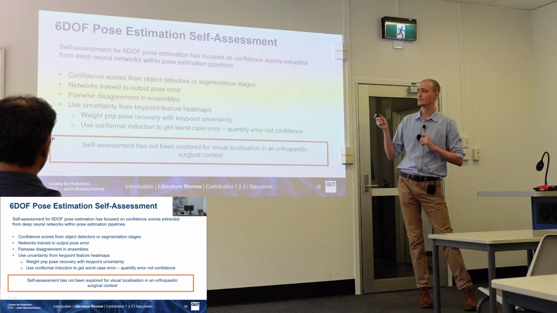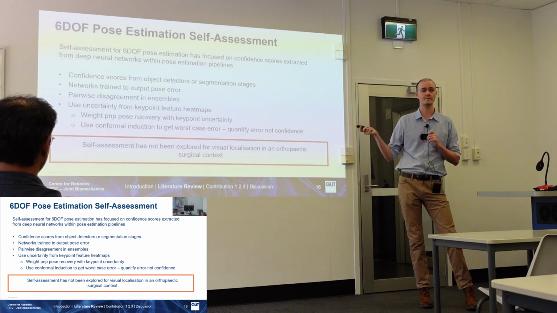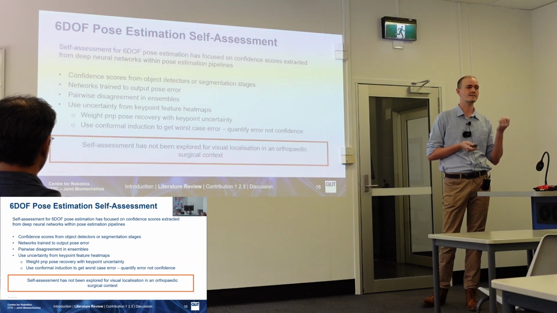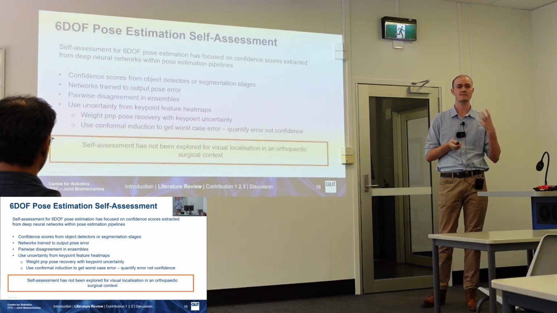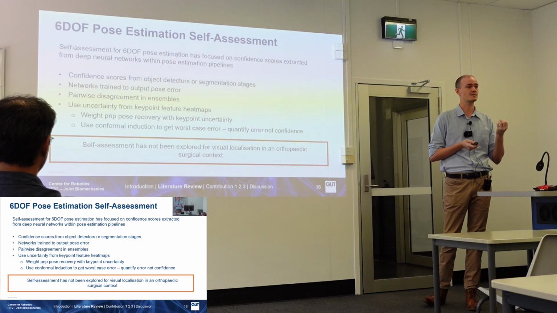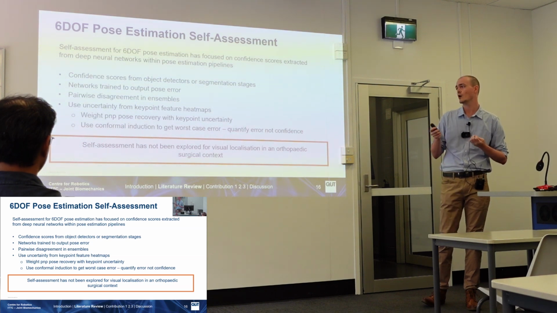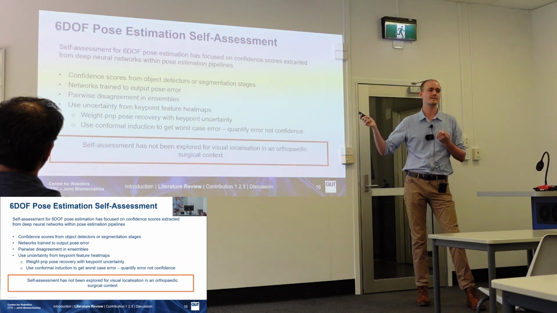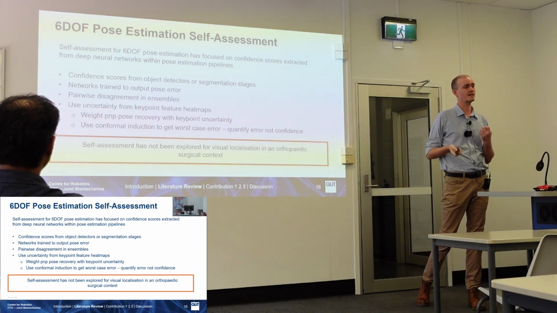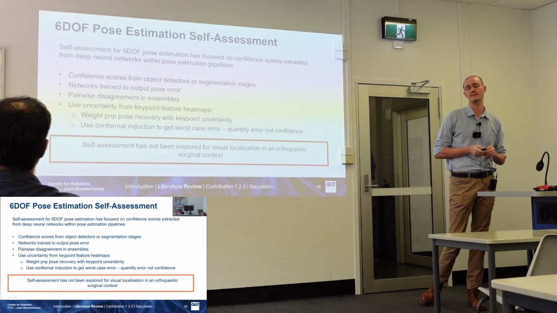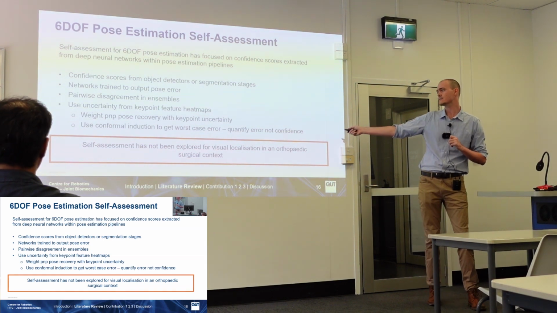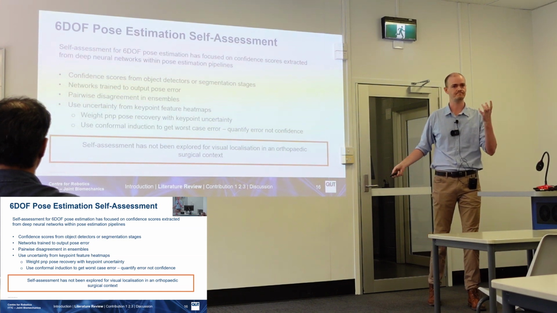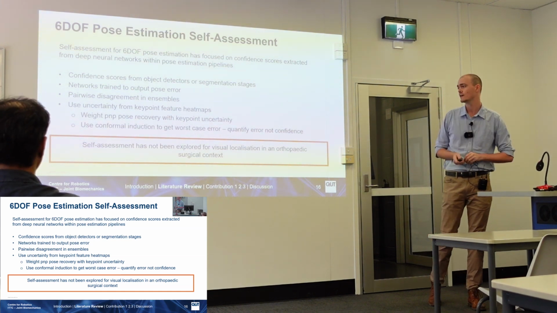We've also seen the use of uncertainty from deep learned key point feature detectors, where these individual key point uncertainties have been used to either weight points or weight correspondences in the pose recovery algorithm, or in one particularly interesting work has been applied with some statistical machinery to give a statistically guaranteed worst case error. And this is particularly exciting as this quantifies error rather than giving a confidence score.